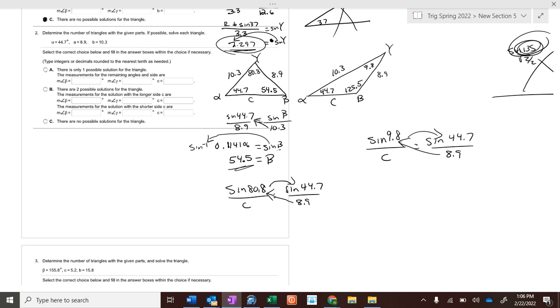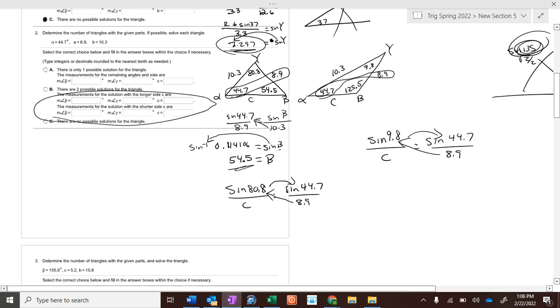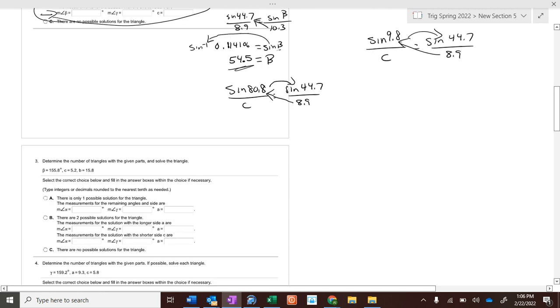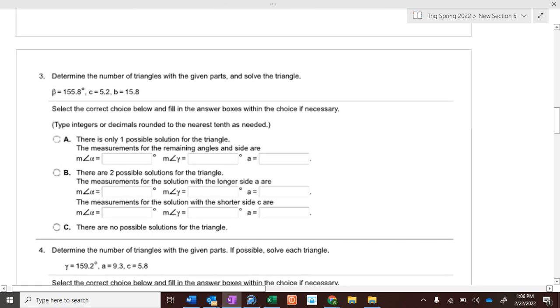Okay? So you kind of get it? It's opposite of 44.7. Opposites. Okay. Are we good there? So then you just fill in your answers. And this is always the obtuse triangle. This is the acute triangle. Okay? All right. Let's look at this one.